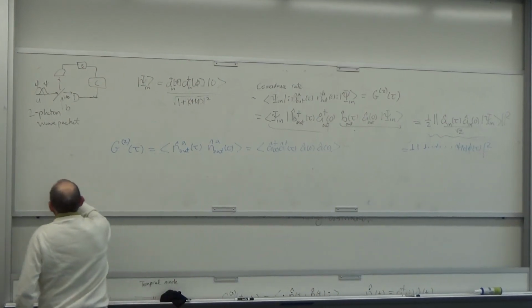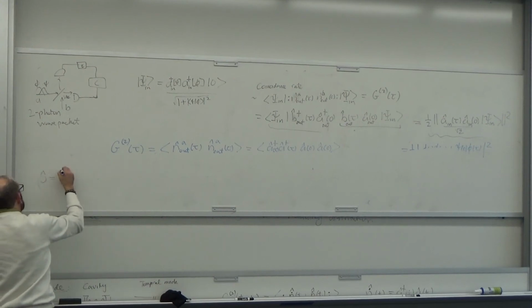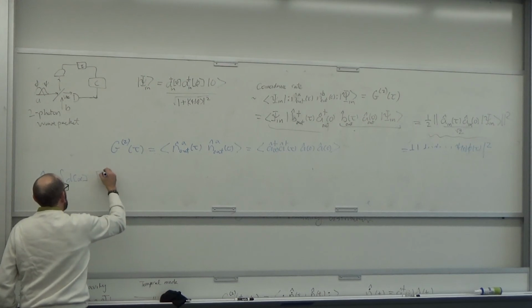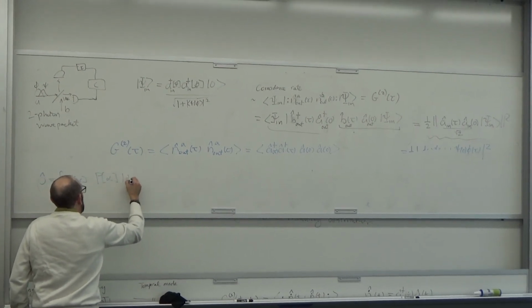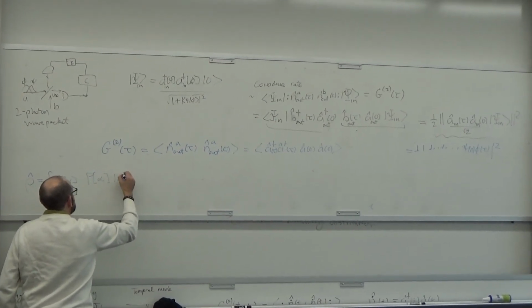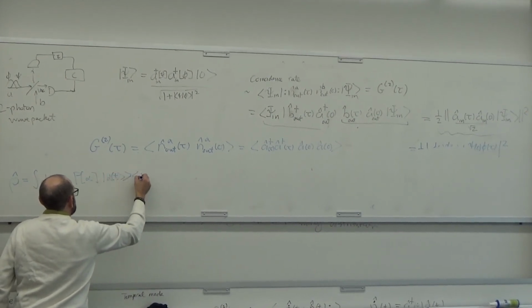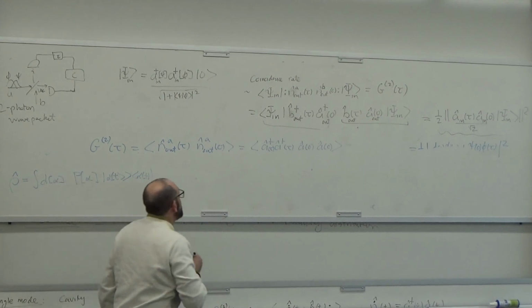I'm going to have classical light, which I'm going to look at as a probability distribution over my coherent states, which now are multi-mode.